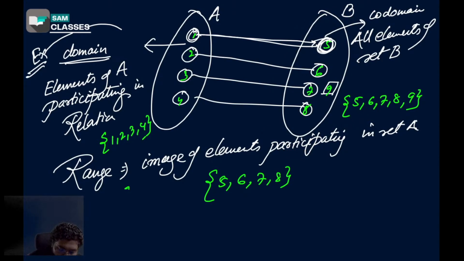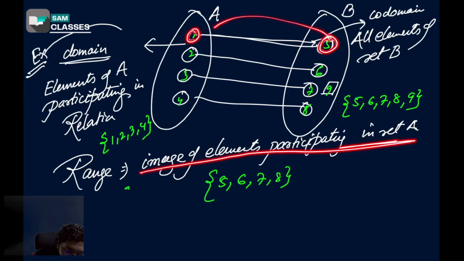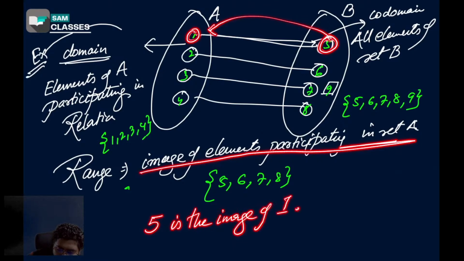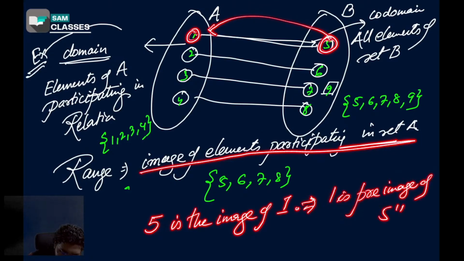Clear? Range is also the image of the elements participating in set A. So here, what is the image? 5 is the image of 1. Very important, a lot of people sometimes forget this. So 1 is the pre-image of 5. Do write it down, everybody.